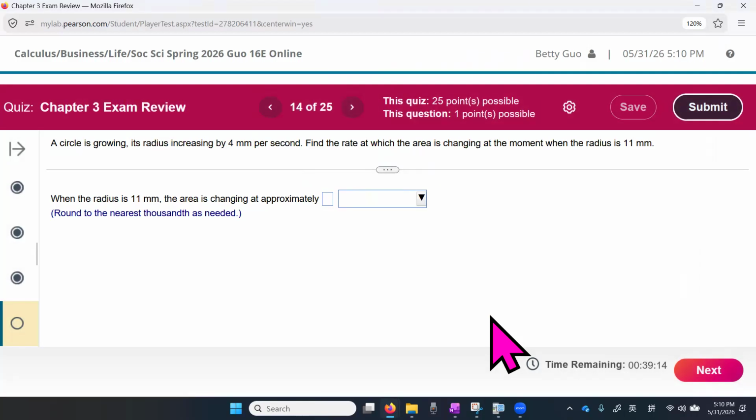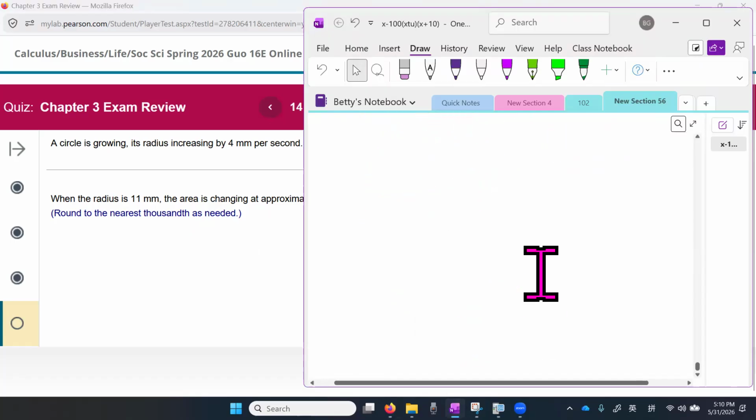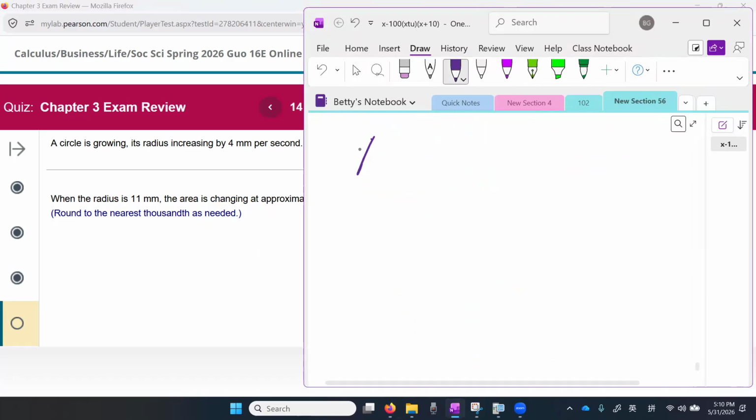Next, a circle is growing, its radius increasing by 4 millimeters per second. Find the rate at which the area is changing at the moment when the radius is 11 millimeters. Okay, so we know the formula for the area of a circle is A equals pi r squared.